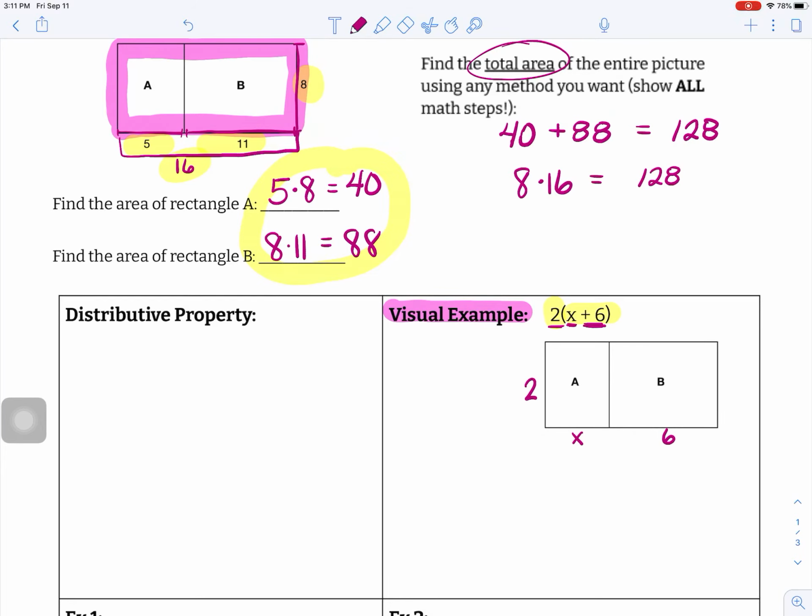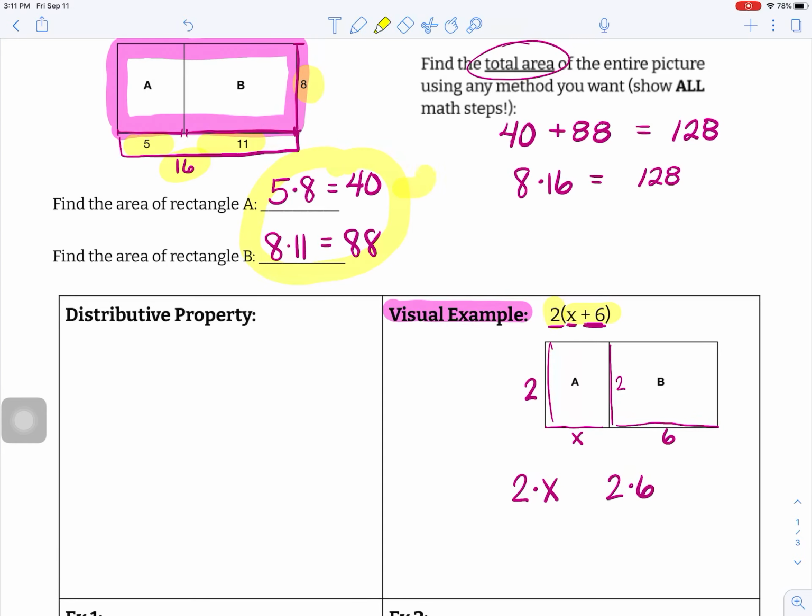So we're going to have to go with the method in which we break up into smaller rectangles. So when I think about rectangle A, I find the area by taking the length times the width. So that would be 2 times x. In rectangle B, I take the length, which is also 2, by the width, 2 times 6.